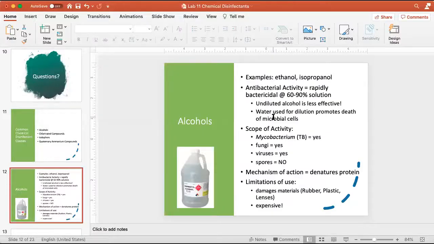Now, the other organisms or structures on the list: there's fungi listed, there are viruses listed, and also bacterial spores. So yes, alcohols will destroy fungal cells. Alcohol will destroy viral particles. And regarding spores, alcohol is not effective.